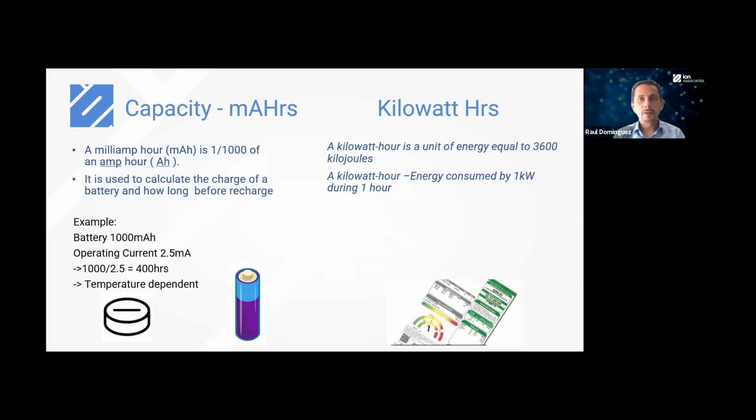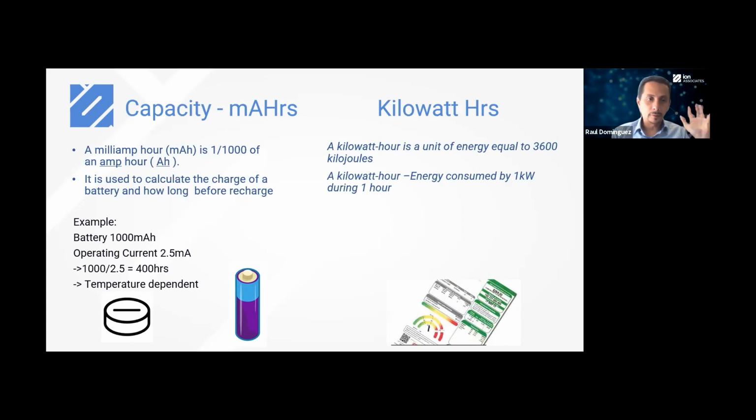Also, normally we see all the batteries rated in milliamp hours, the smaller ones, and ampere hours, the bigger ones. What is this? 1 milliamp hour is 1,000th of an amp hour. So here's how we calculate how long it will work for our device. For example, a battery of 1,000 milliamp hours. Our operating current, the normal, is 2.5 milliamps.